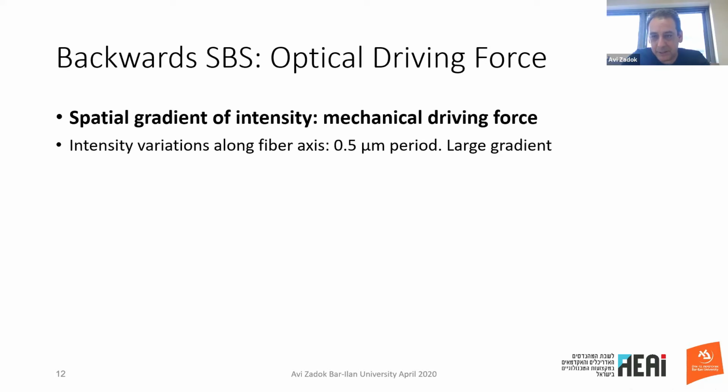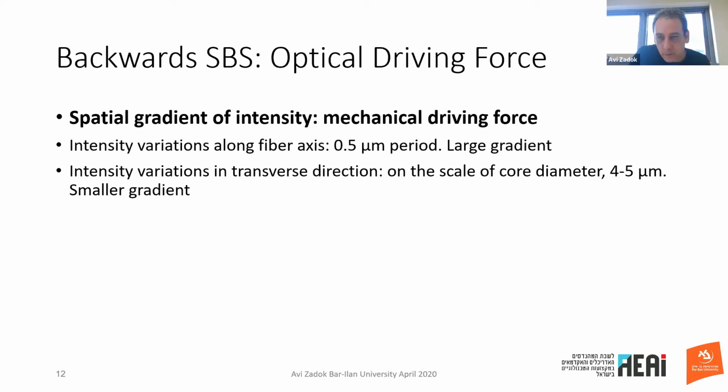It means that the spatial period is half the optical wavelength, something on the order of half a micron, 500 nanometers. Therefore, the intensity that exists in the fiber, this beating term, is changing on a very, very short scale of half a micron. That goes to say that this gradient in intensity is very, very large. Therefore, we can expect a very strong mechanical force in the axial direction, in the direction of propagation.